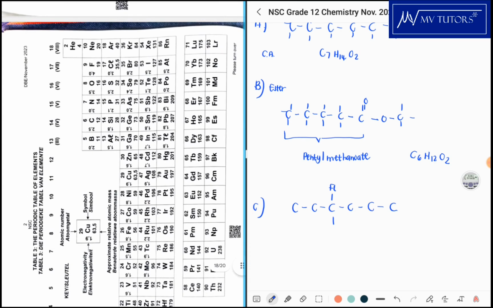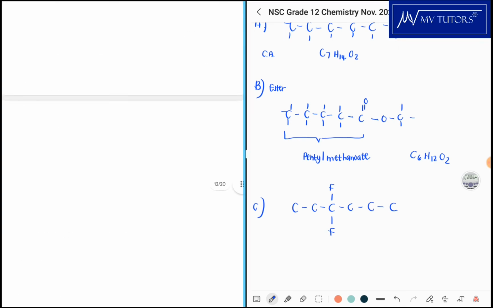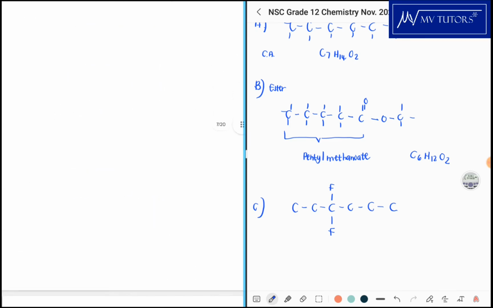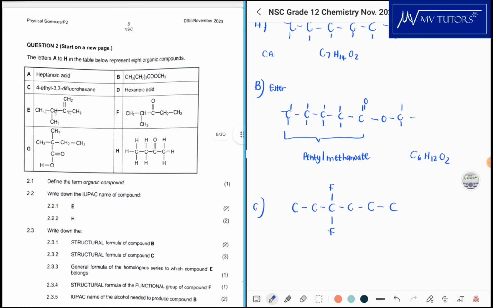Fluorine is just F. So we have fluorine over there. So we have 3,3 difluorohexane, and then on the 4th carbon we have an ethyl. So not a methyl, but an ethyl.